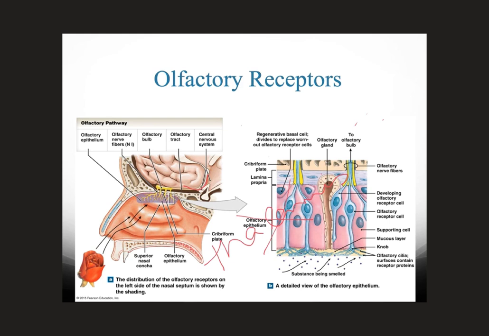One more thing that I'd like to say, we do have these stem cells over here that are going to replace our receptor cells, but these become less productive as time goes by, and that's why as you get older, your sense of smell goes away and fades out.